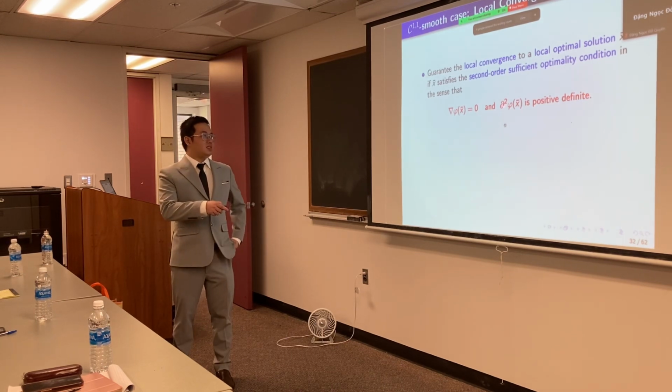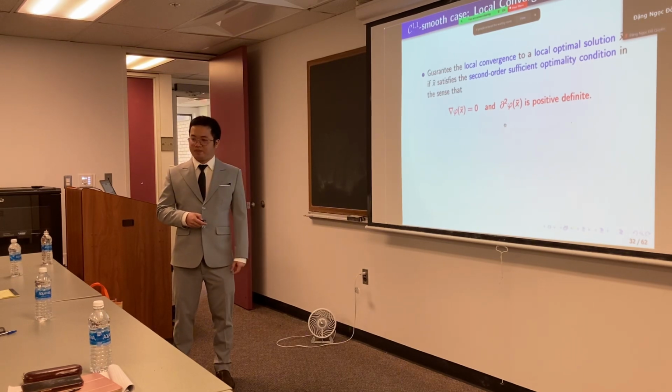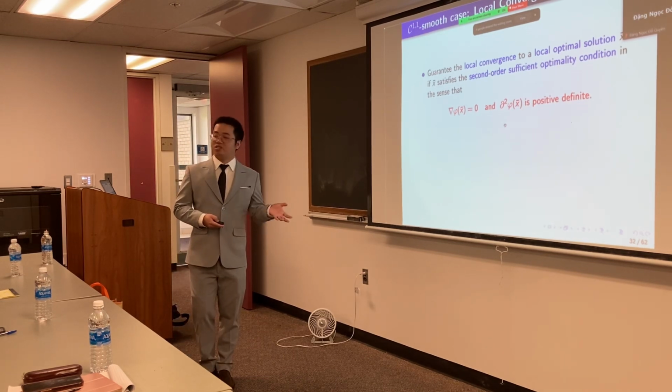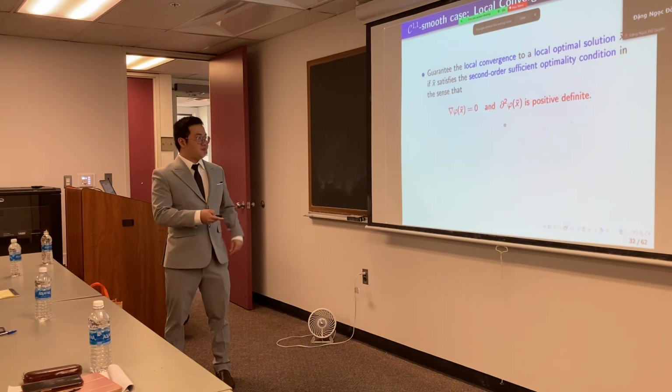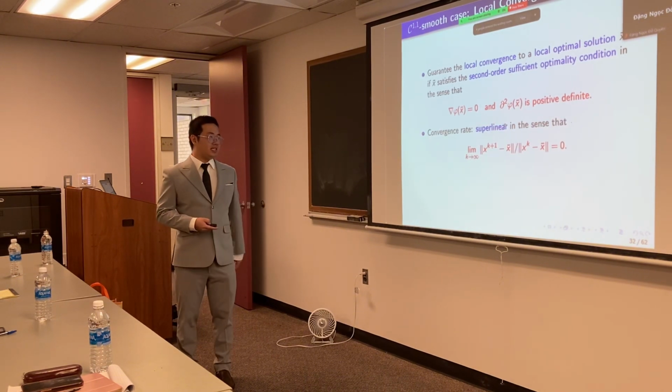That means we only need the second order subdifferential to be non-singular. That means we have the metric regularity, and we can also get the local convergence, but only to the stationary point, not the local optimal solution. But here, because I want to focus on the local optimal solution, I need this condition. And we can guarantee the convergence rate is at least superlinear.